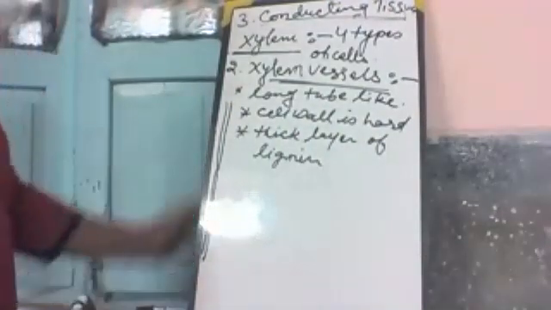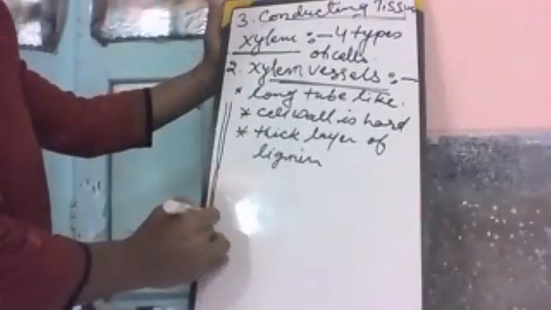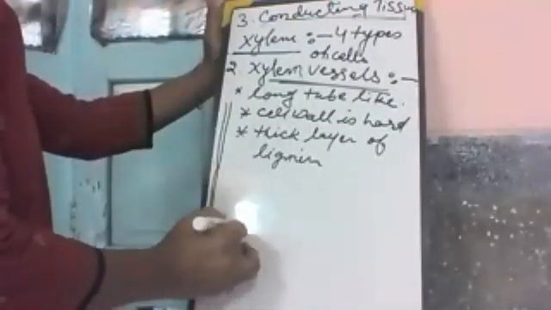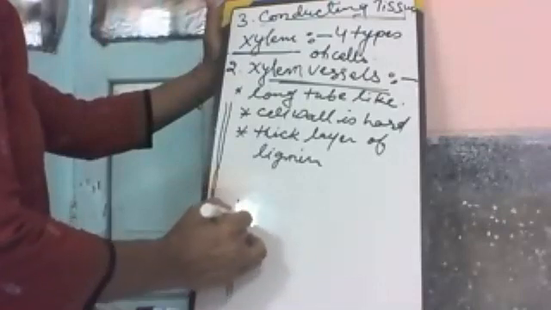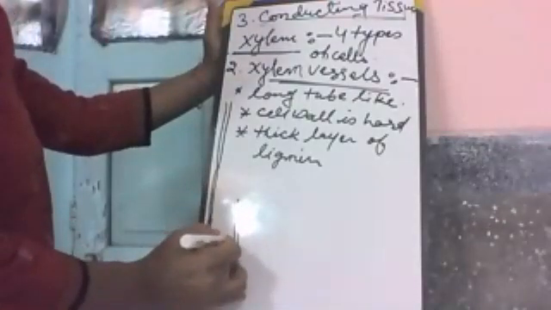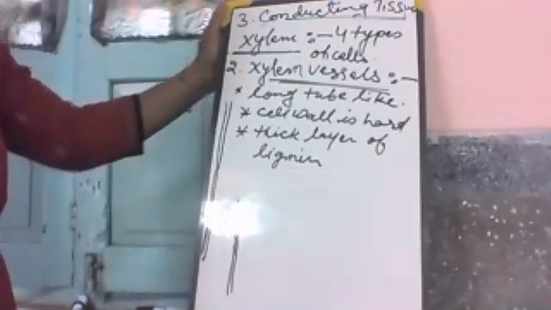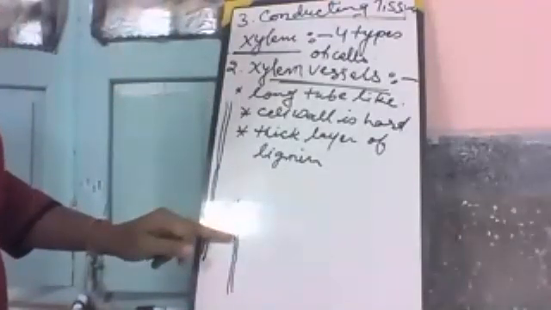Here is one thing, the transverse section. Here is the end of this cell and the start of the next cell, and this transverse cell wall is dissolved.